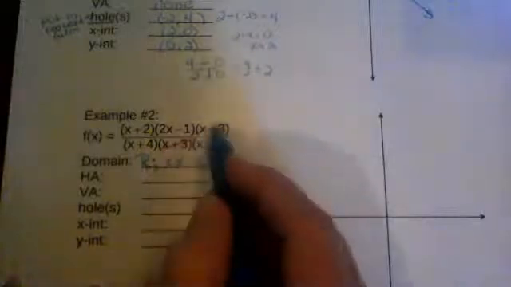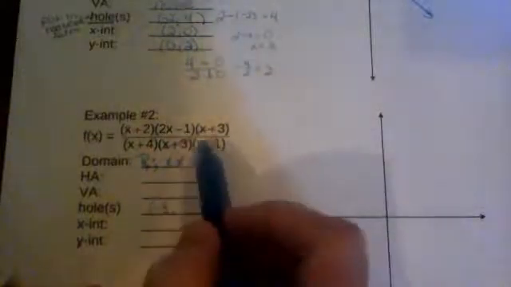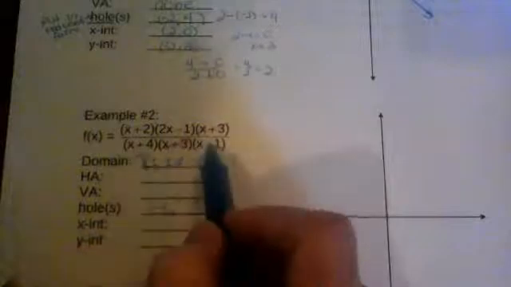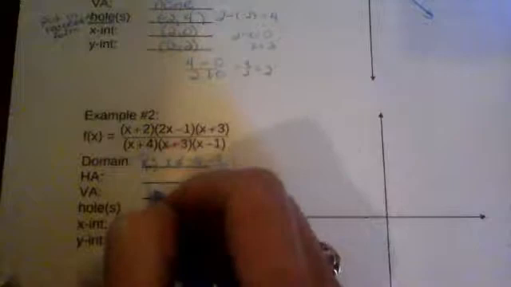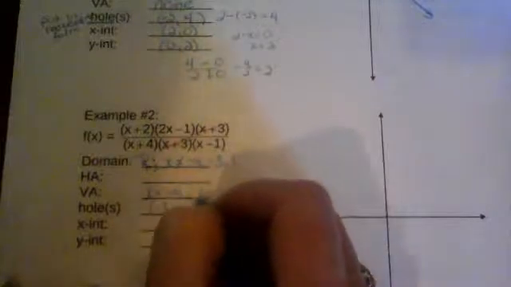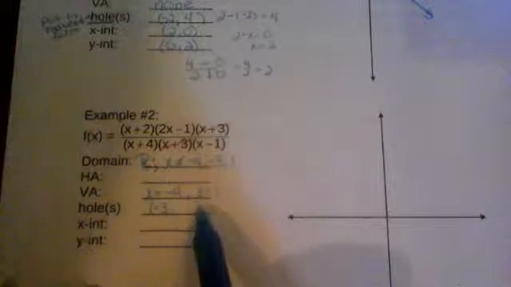Now the one that reduced out, that one is going to be the hole. So there is going to be a hole at -3. But the other two that did not reduce out, those are still vertical asymptotes. So I still have a vertical asymptote at x equals -4 and x equals 1. So don't forget that you could have asymptotes and holes. Only the ones that reduce out are going to be the holes.